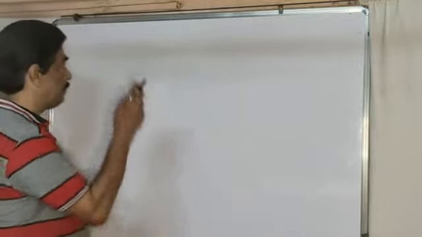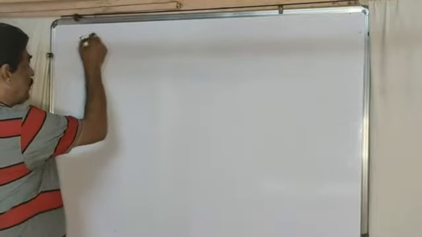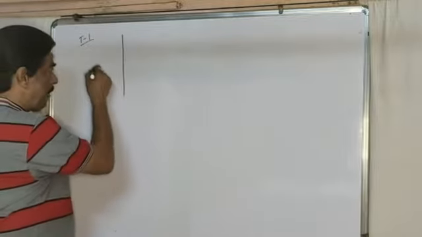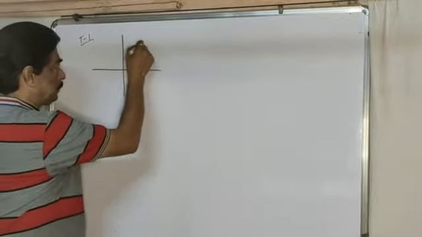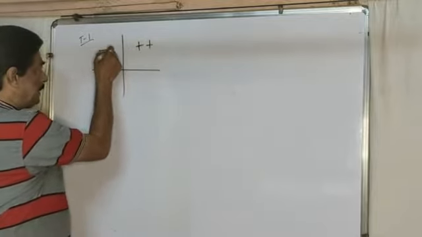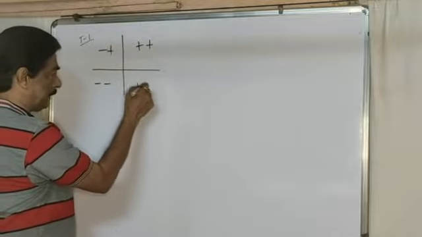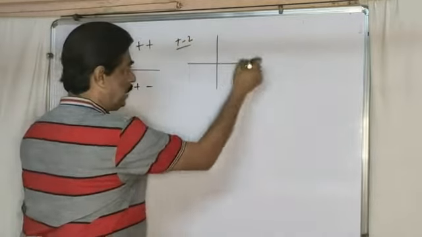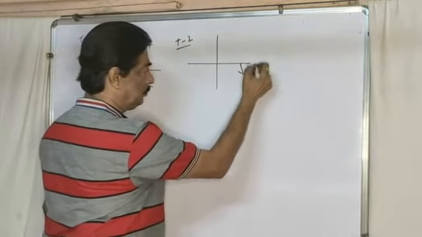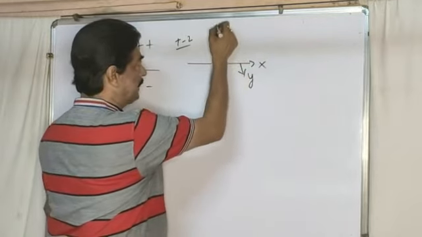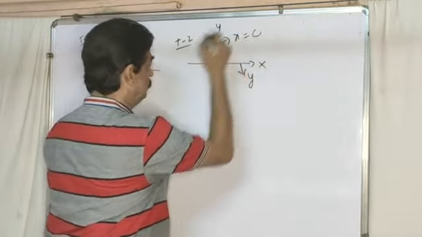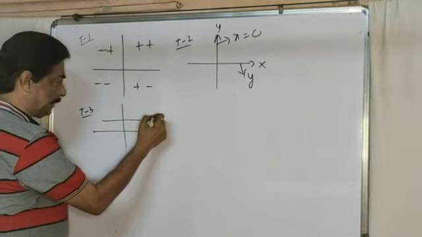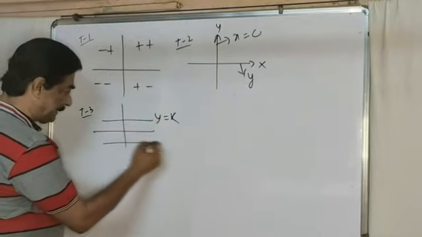Case 1, what to remember. Theory 1, you have to remember first. Let us consider these axes: this quadrant plus plus, then minus plus, then minus minus, then plus minus. Case 2. Equation of x-axis: y equals 0, and equation of y-axis: x equals 0. 3. The line parallel to the x-axis: y equals constant, and on this side y equals minus constant.